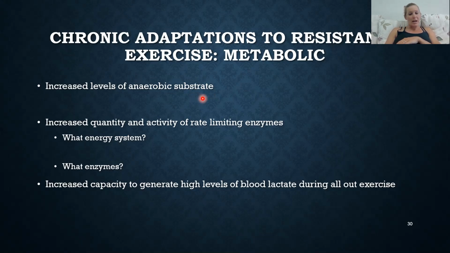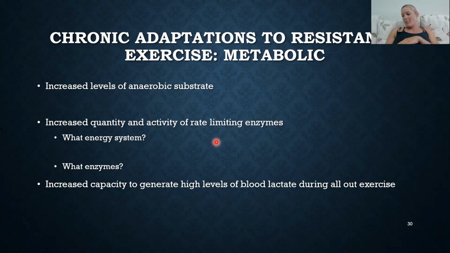Increased quantity and activity of rate limiting enzymes. So again, if you remember back to our unit on metabolism, we talked about the rate limiting enzyme being the slowest portion of an overall reaction. So for example, within glycolysis, there's 10 or 12 different reactions that occur. And so whichever is the slowest reaction within that series determines the overall speed of the process.